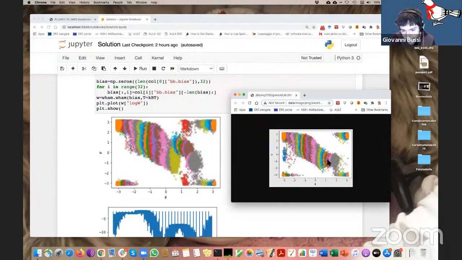If I initialize the system in A, it samples this region here. If I initialize it in B, when I pull it toward the second minimum, clearly what's happening is that it first jumps here, and only after some time it finds the correct minimum that is placed somewhere here.